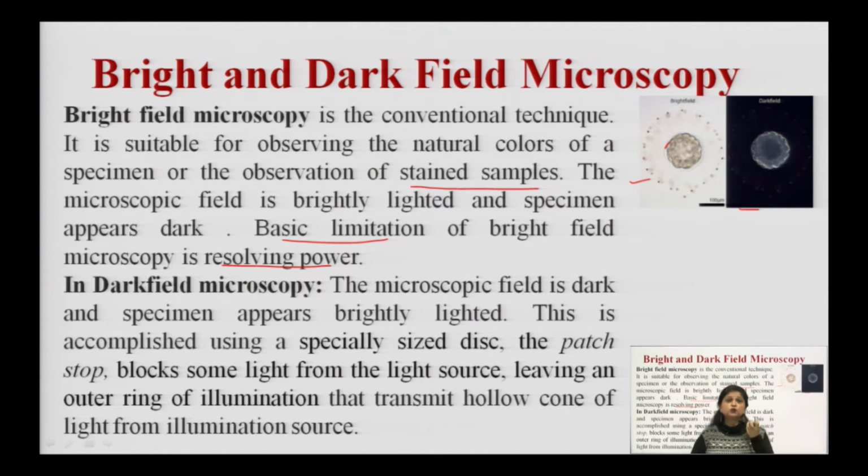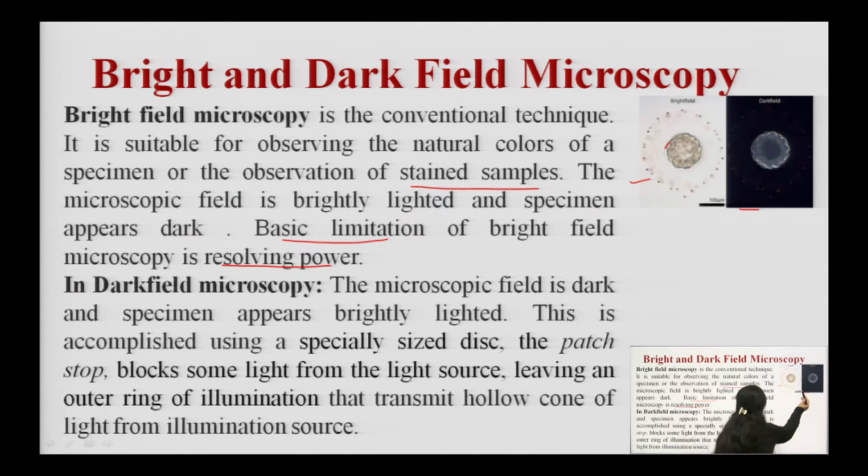You will be able to see even transparent specimens, which will appear brighter with the light, but the whole slide background will become dark. So in bright field the background was transparent, colorless, whereas in dark field the background will become dark.